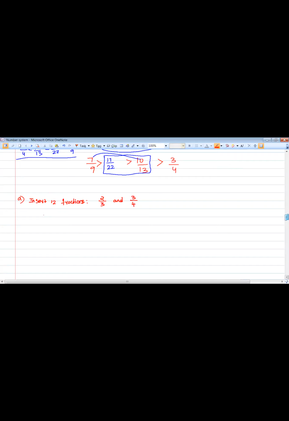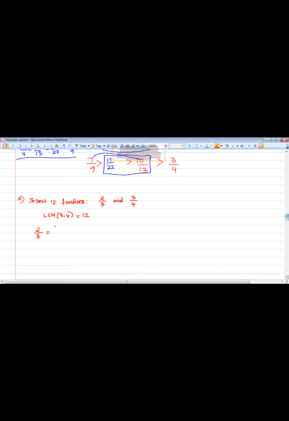First of all, find out the LCM of 3, 4. 12. So tell me, how can we write 2 by 3 with the denominator as 12? Your denominator should be 12. So how will you make it equivalent? Because our LCM is 12. Yes, into 4, into 4.